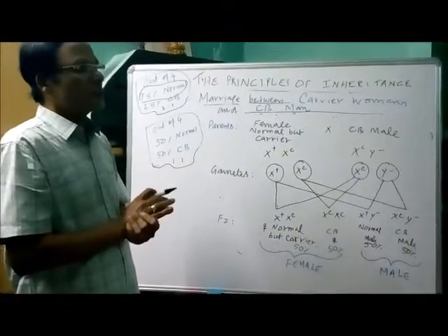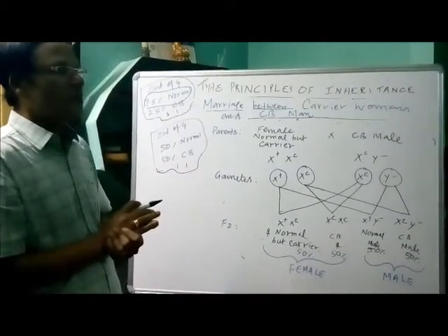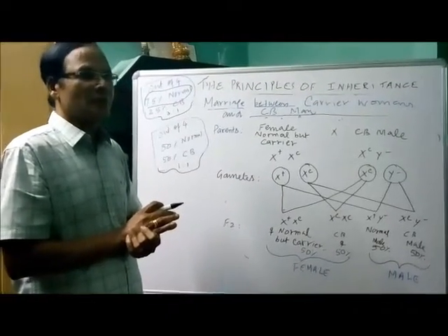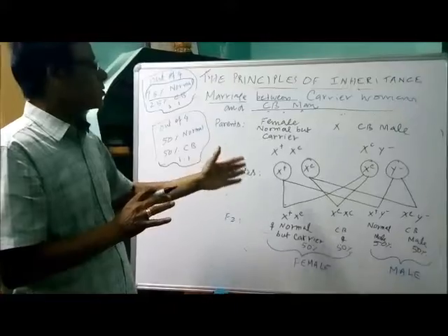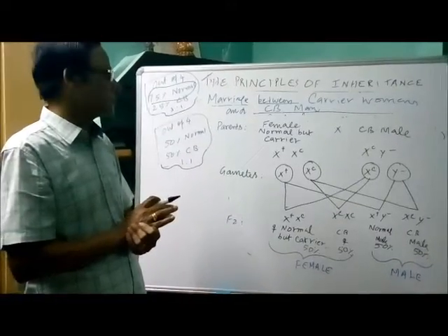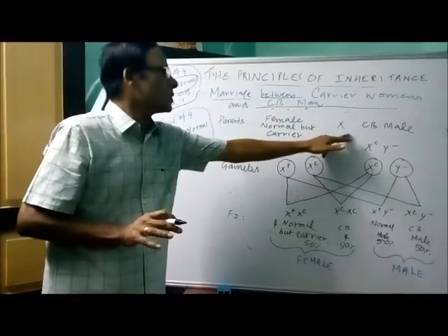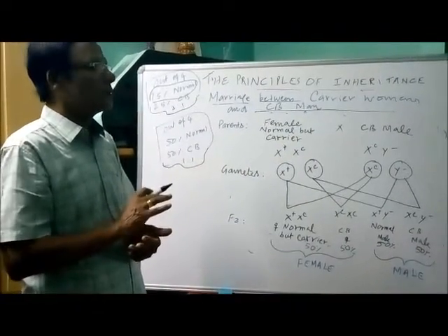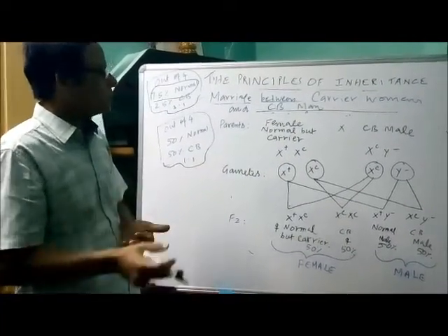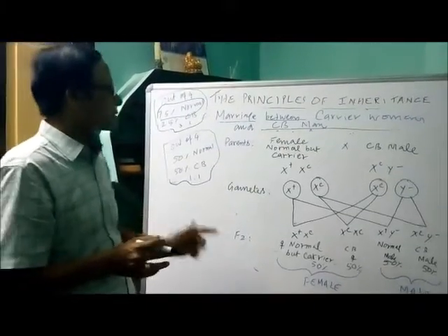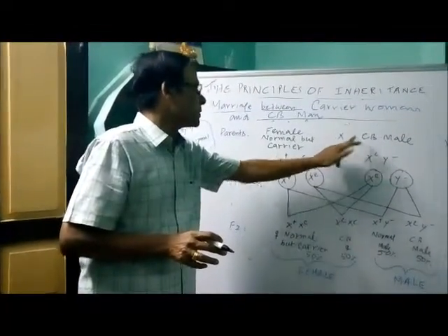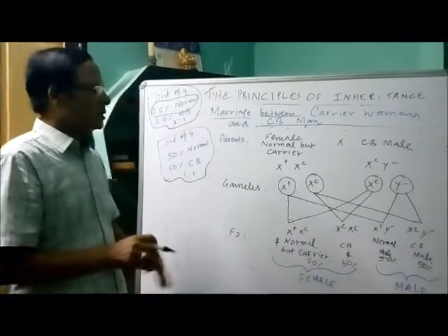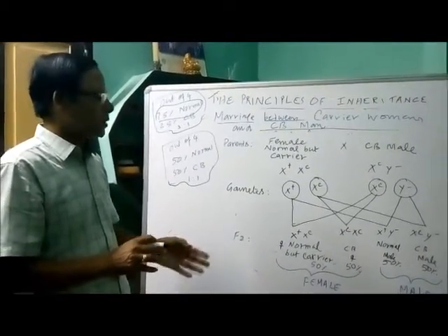A woman who carries a gene for colorblindness always has 50% of her sons colorblind. The daughter will not normally be colorblind unless her father is colorblind and mother is carrier for the disease. So, I will give the table of column a little while after.